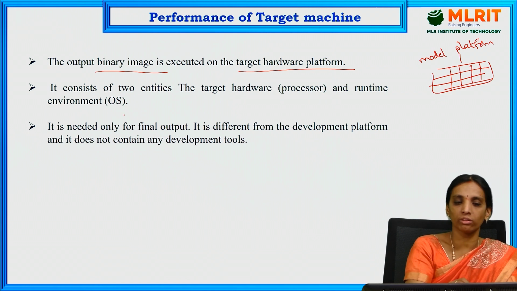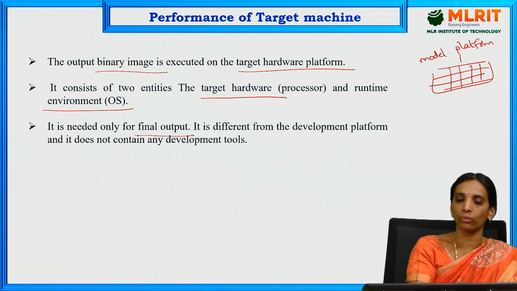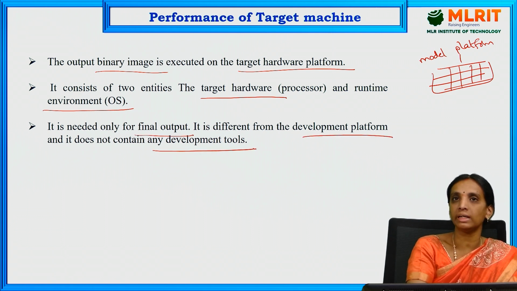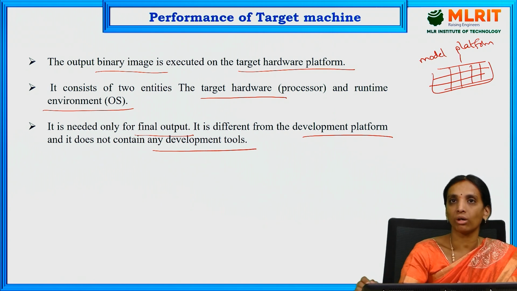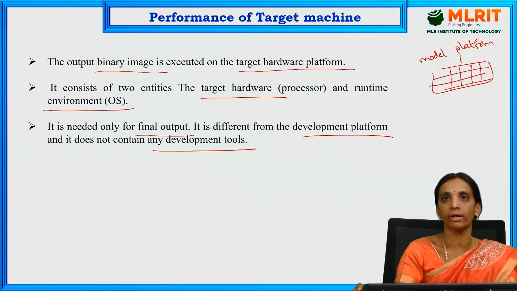It consists of two entities: one is target hardware and the other is runtime environment. It is needed only for the final output. It is different from the development platform and it does not contain any development tools. Here in this target machine, we do not have any software tools for development.